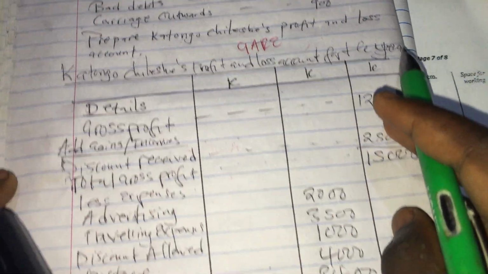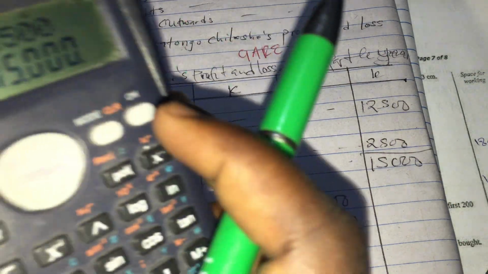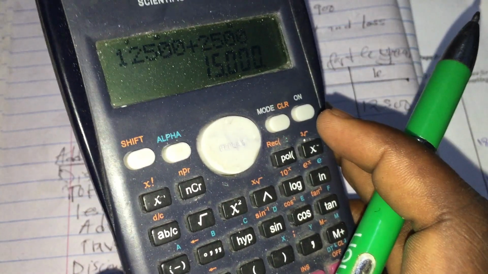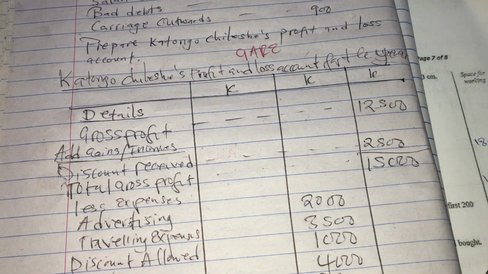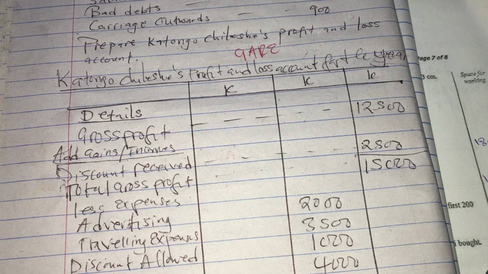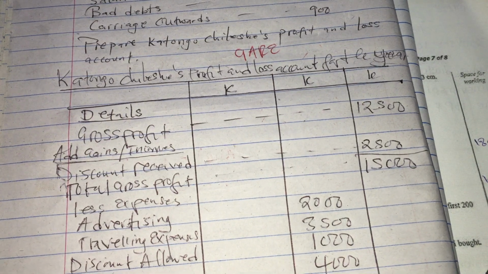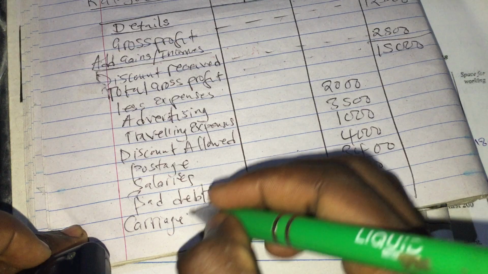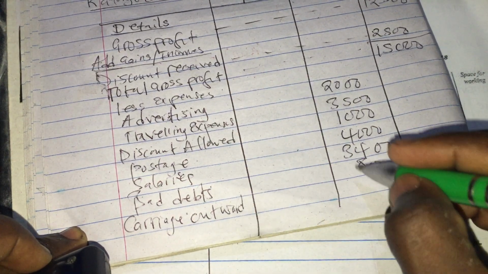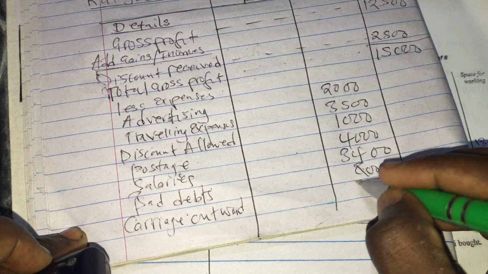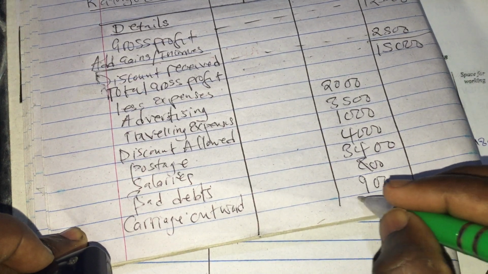All right, so now what are we going to do? I've left one, carriage outwards, which is 900 kwacha.